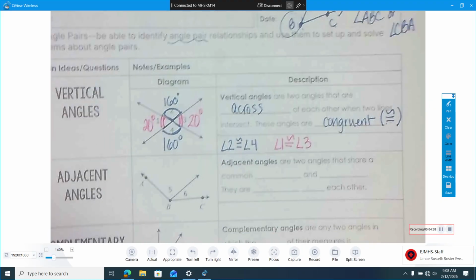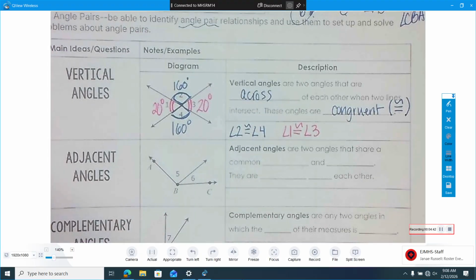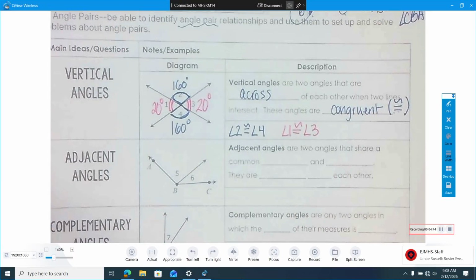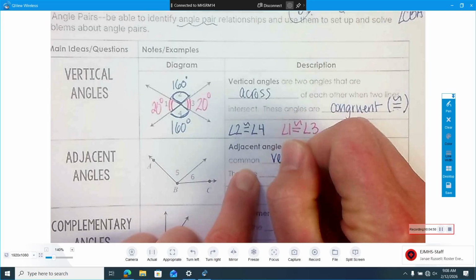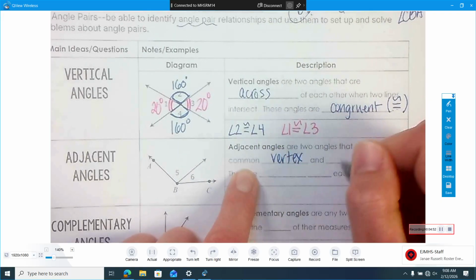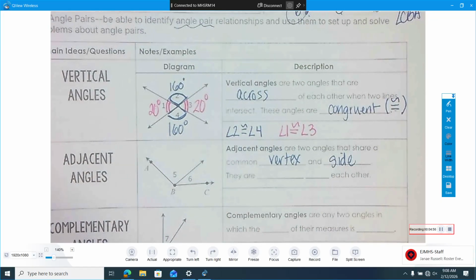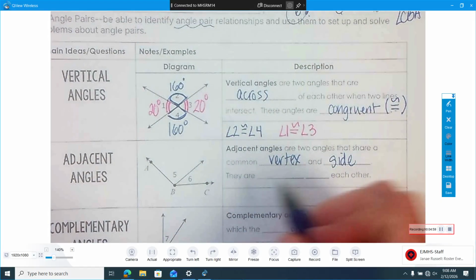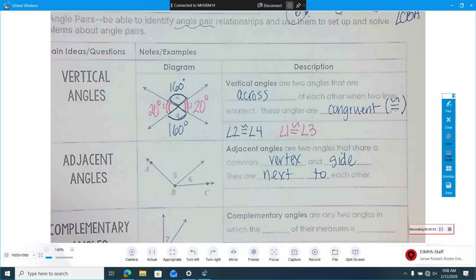All right. Adjacent angles. Here we have an example of adjacent angles. Adjacent angles are 2 angles that share a common vertex and a common side. They are next to. Adjacent means next to.